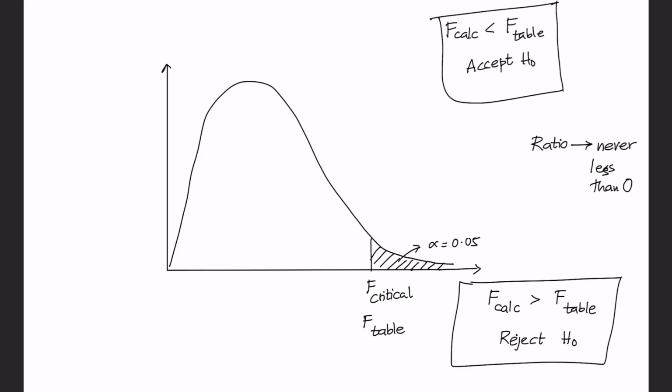So remember this: when the F calculated value is less than the table value, we accept H0, and if the F calculated value is greater than the F table value, we reject H0. Remember that the F table contains 2 degrees of freedom. So remember this, 2 degrees of freedom.